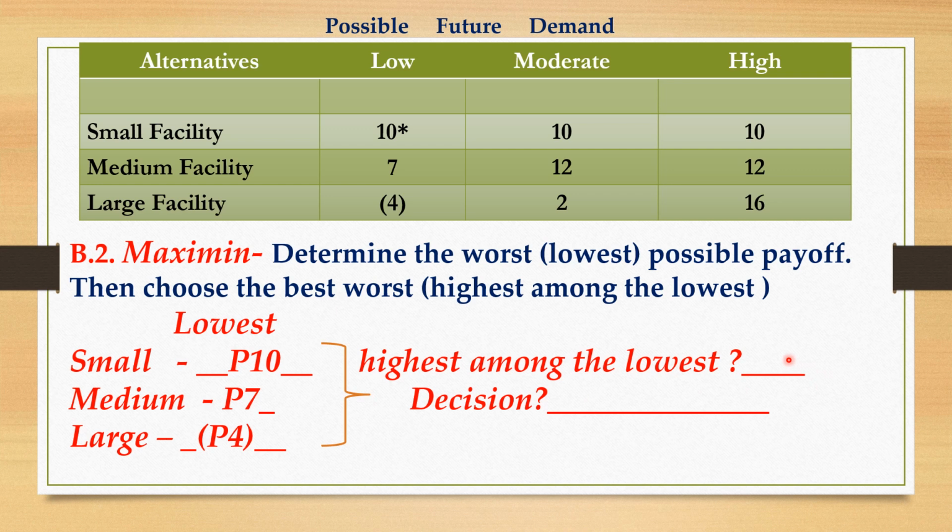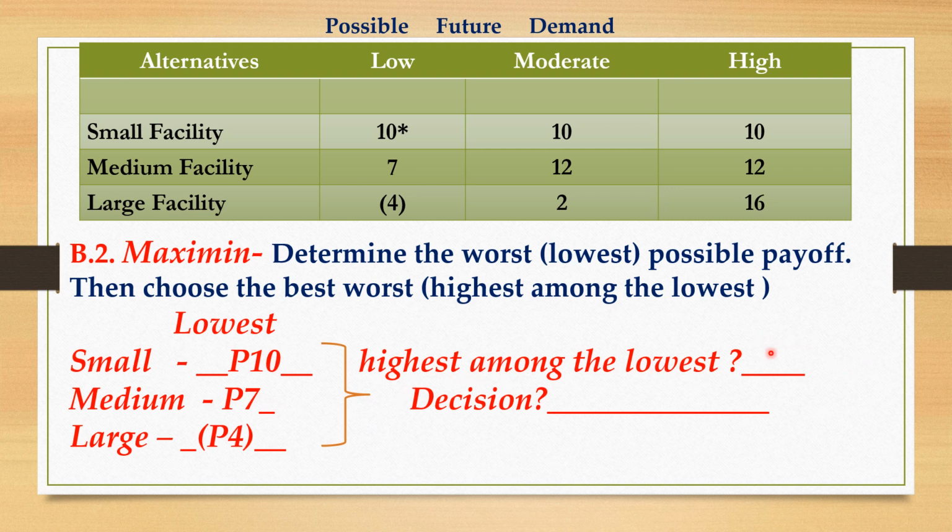After choosing the highest among the lowest amounts, you write down the decision here. All you have to do is look at the alternative that corresponds to that highest among the lowest amounts. Again, for us to have our final decision, compare 10, 7, and -4. Which among 10, 7, and -4 is the highest?